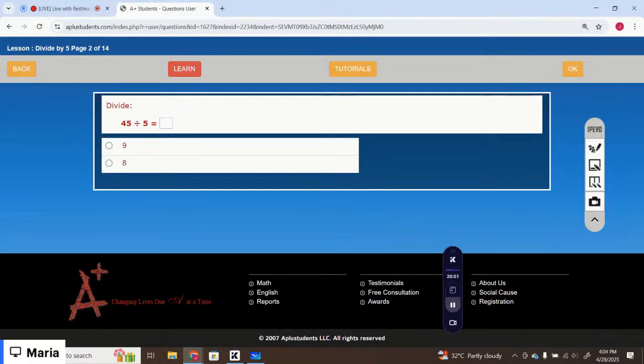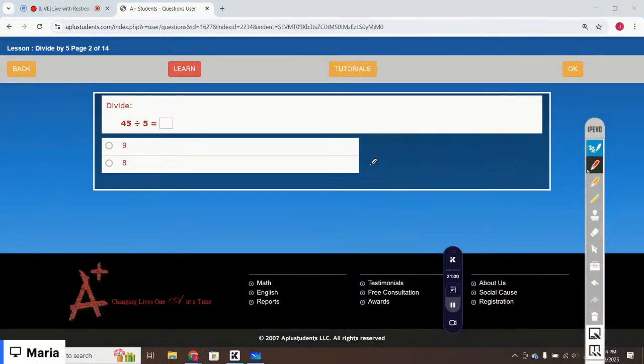45 divided by 5. So you need to count a table of 5 until you have the answer 45. 5 times 1 is 5, 2 is 10, 3 is 15, 4 is 20, 5 is 25, 6 is 30, 7 is 35, 8 is 40, and 5 times 9 is 45.